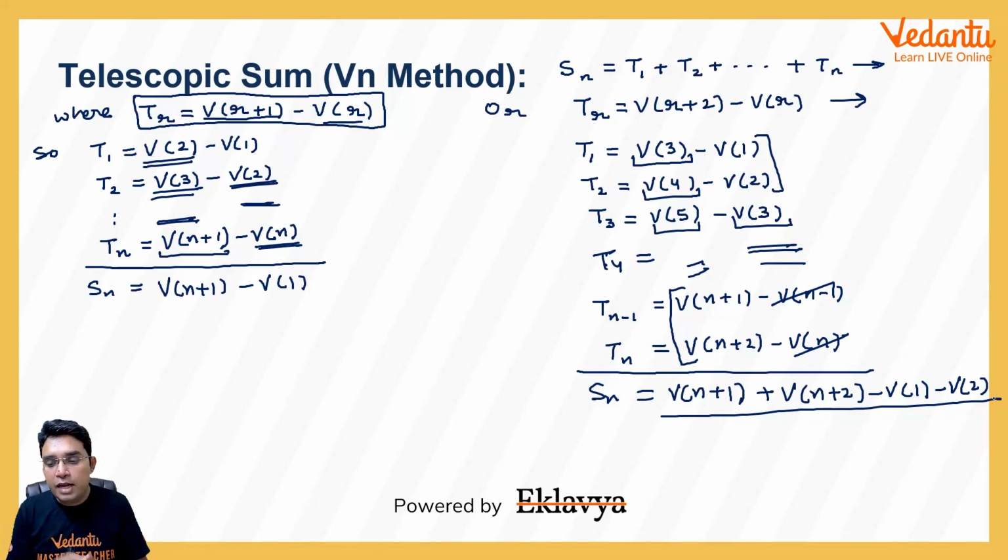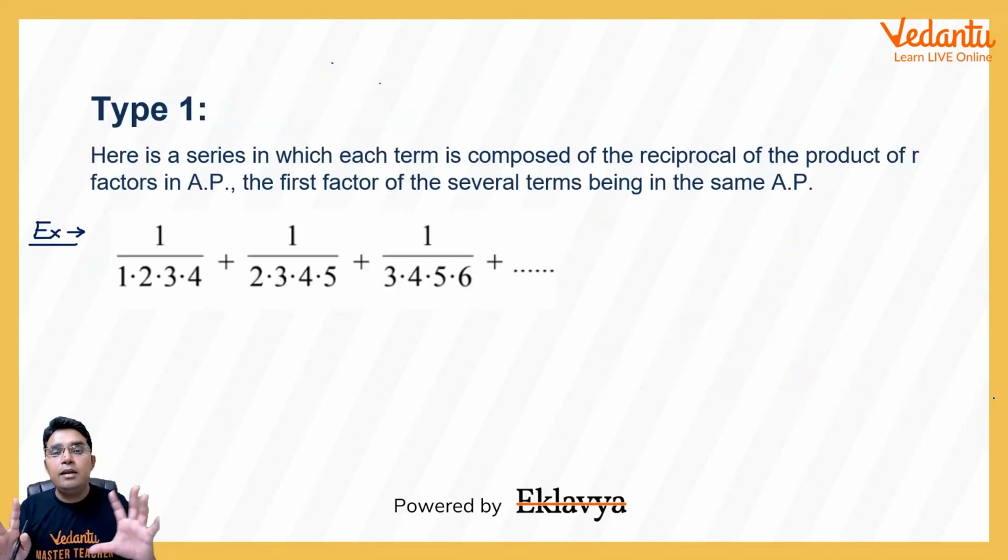Now to start with, let me tell you some typical questions which are done on this V_n method, on the telescopic method only. The first type of questions are those in which you will be given a series in which each term is composed of the reciprocal of a product of r factors in AP, and the first factors of successive terms are also in the same AP.